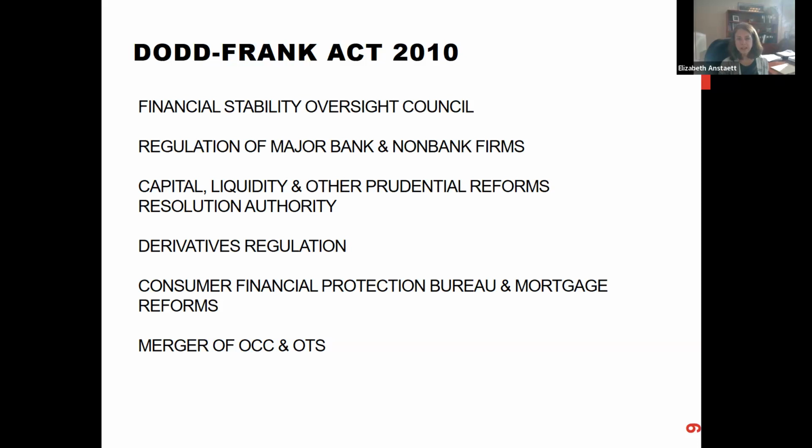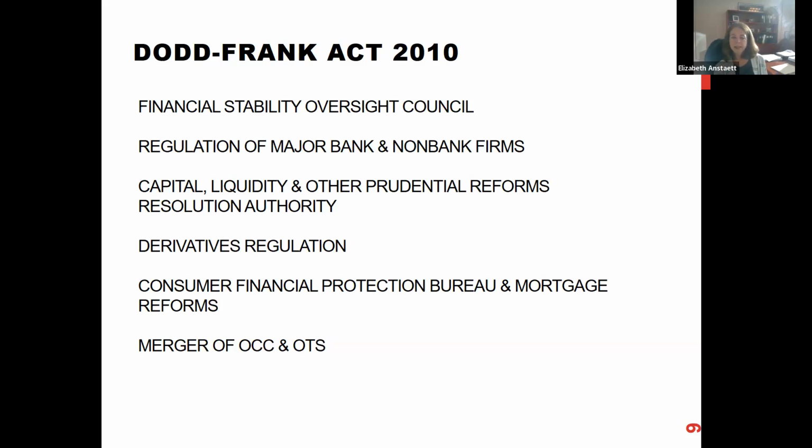And so it created the Financial Stability Oversight Council, which is a federal agency that has the ability to look at non-bank financial companies. And it put all of these increased authorities under the Federal Reserve Board.